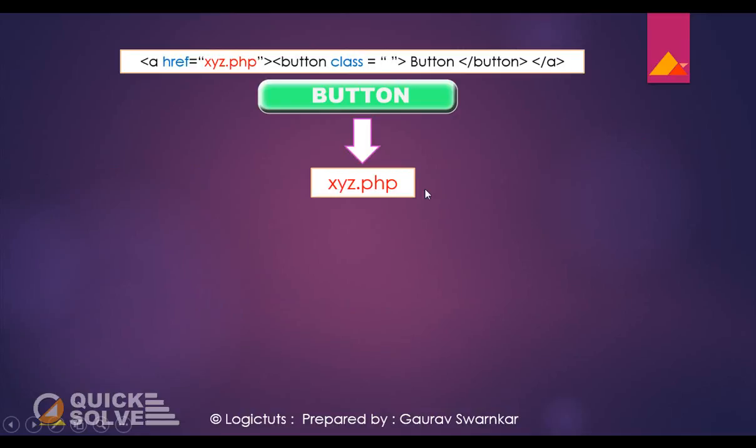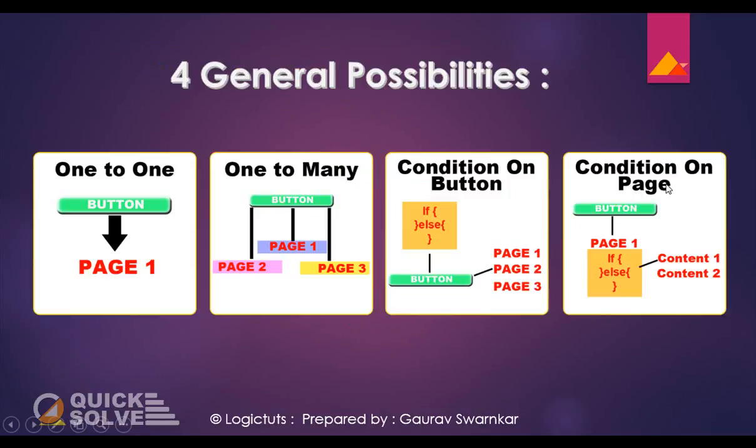And last but not least, the condition on pages. If we open a page through a button, we can also set some conditions on that particular page that will help us decide which content to show. That is what condition on page does. So these are the 4 possibilities, and we are going to take a look at them one by one.